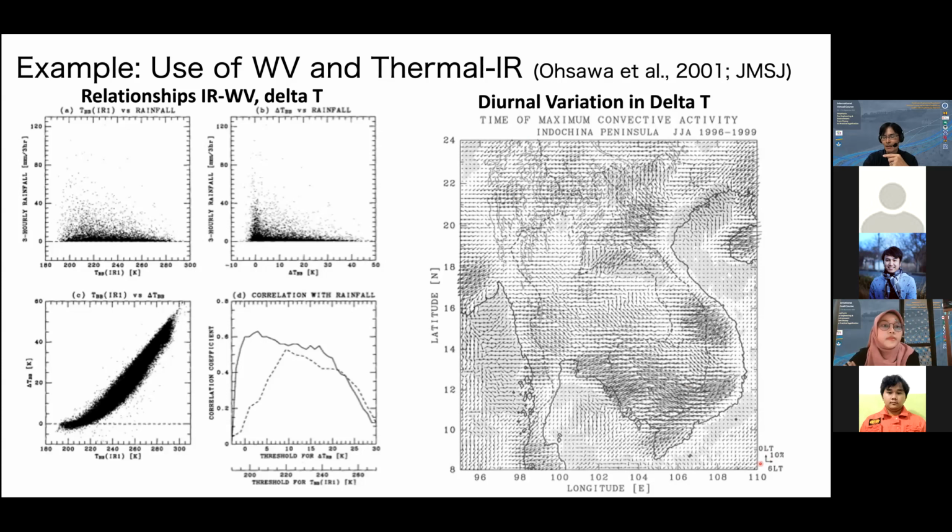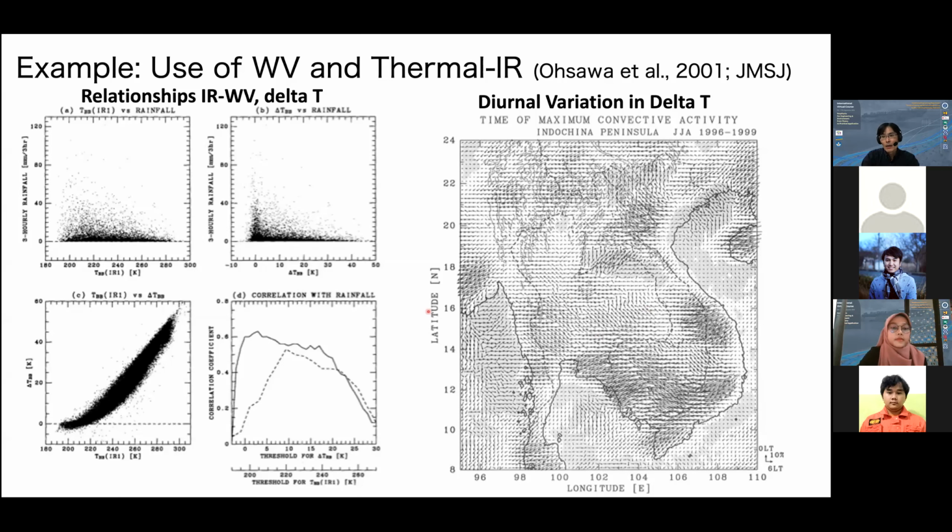This length is 6 local time. The amplitude represents the length of the arrow, the amplitude of the delta TBB, and the direction is the peak time, the local time. So this is a very interesting result. Also, utilizing water vapor like this is very useful to distinguish precipitable cloud from other cloud. This is one example.